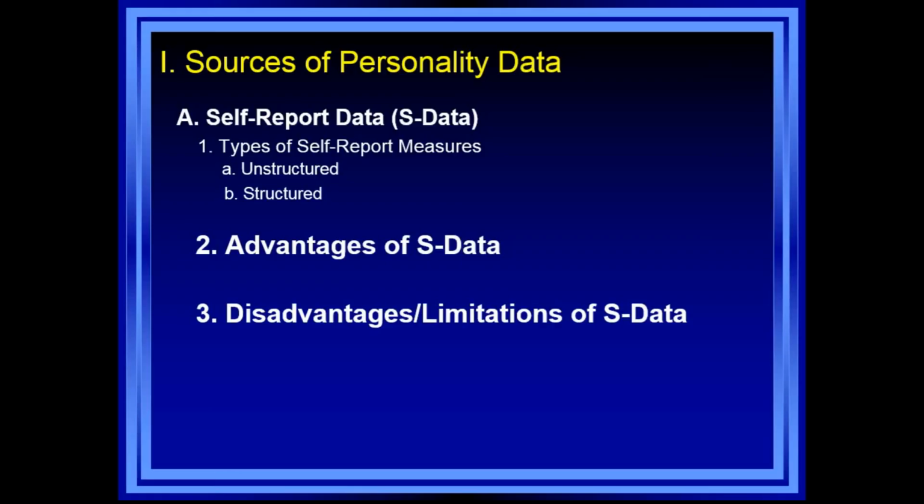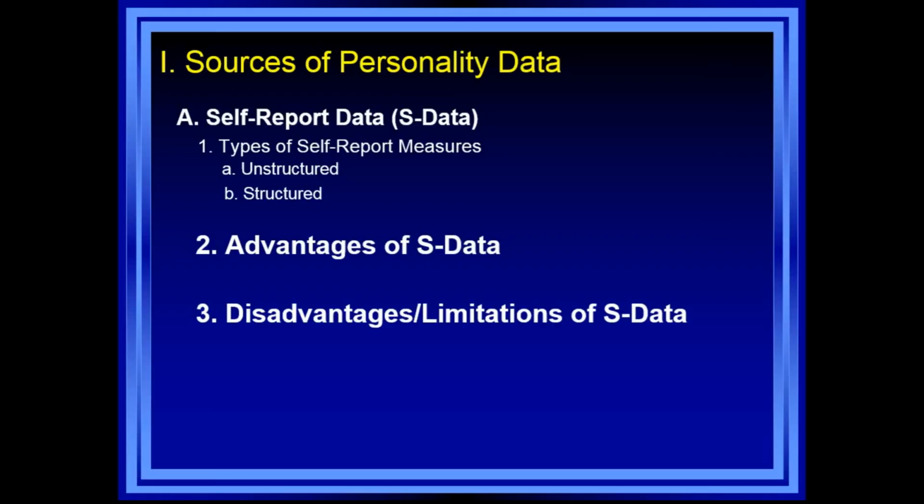And the third disadvantage or limitation is if you're using unstructured S data, there's a potential for bias due to intelligence. Because remember, unstructured S data are open-ended, like the 20 statements test. I am blank.